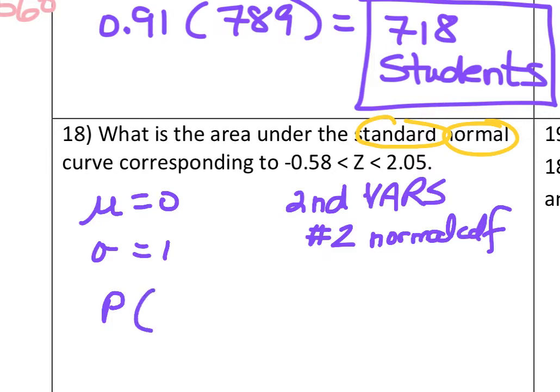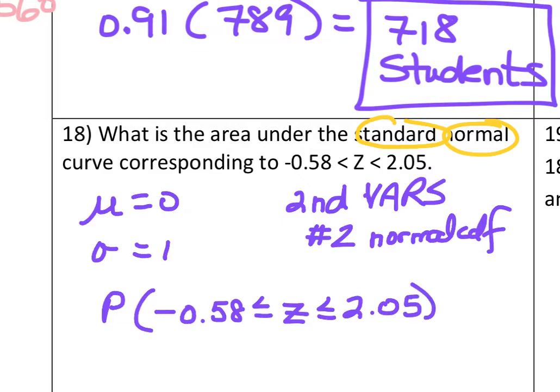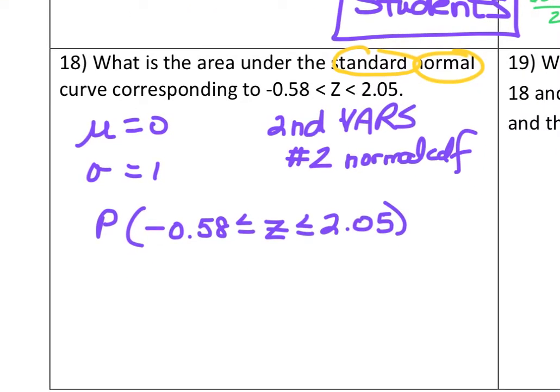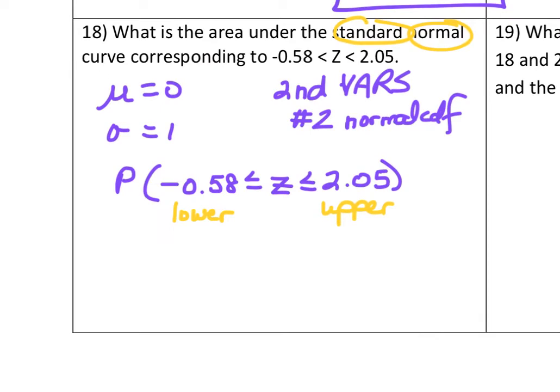And you're looking for the probability that Z is between negative 0.58 and 2.05. And when you do your second VARS and normal CDF, this is going to be your lower, and this is going to be your upper. And once you've pressed all those buttons, you should get 0.699.